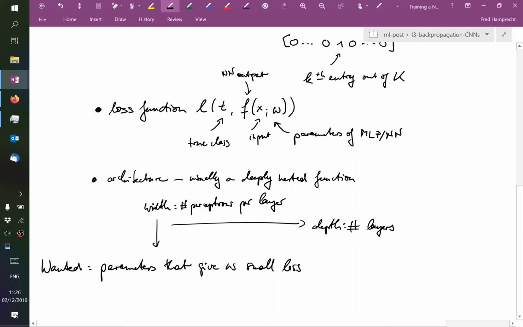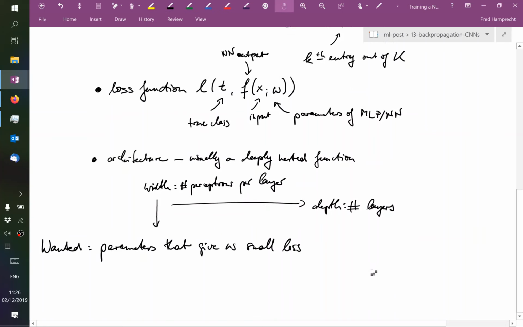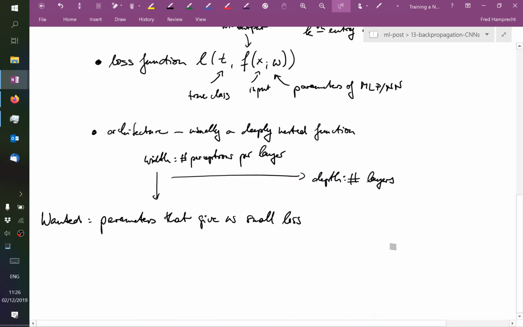And the loss usually comprises two terms. On the one hand, it measures how good our predictions are compared to ground truth on the training data, and it may also include a regularizer. So it may include an extra term that tries to stave off overfitting. So this is what's wanted at train time.